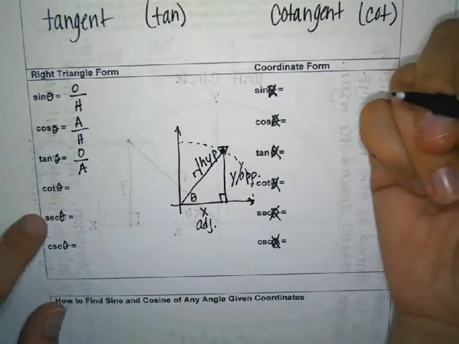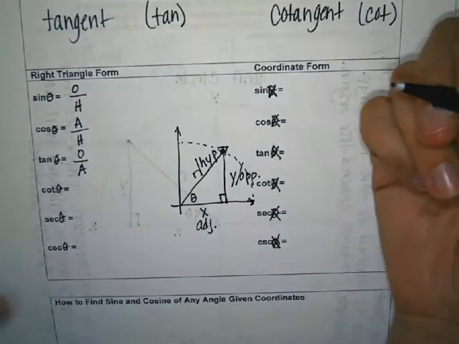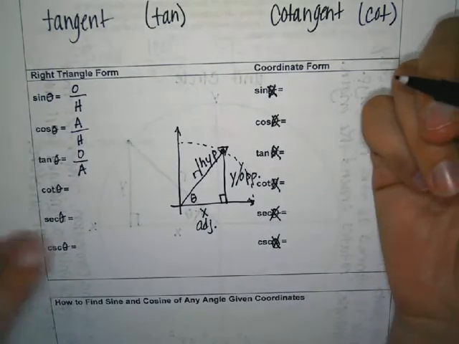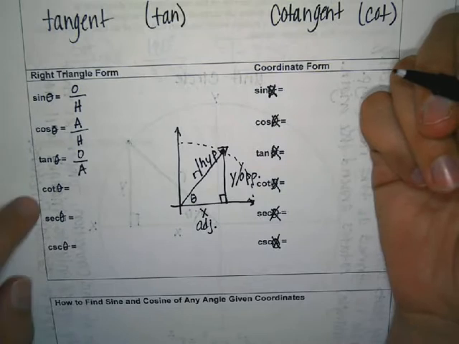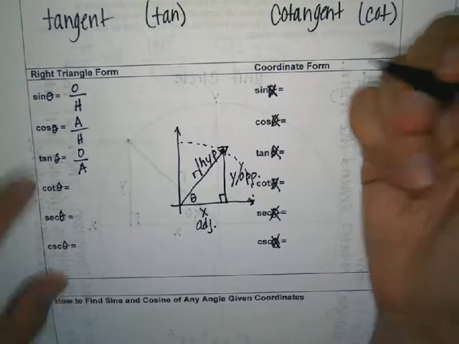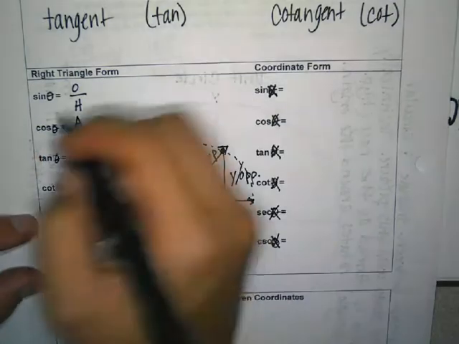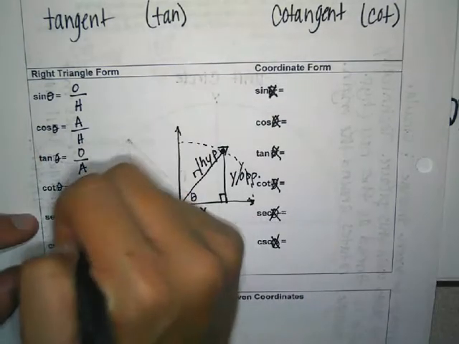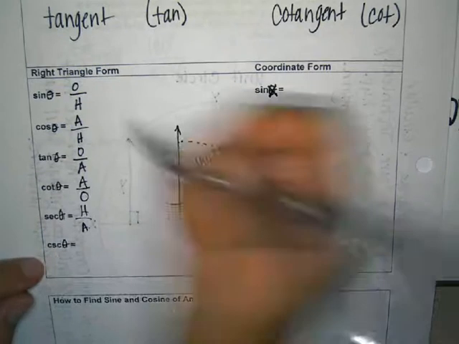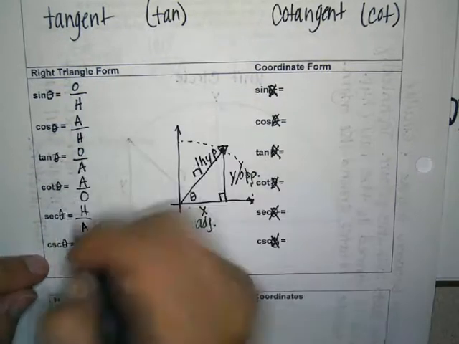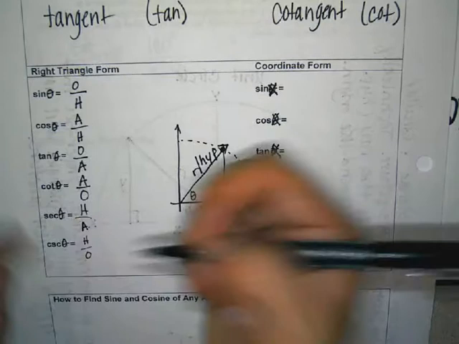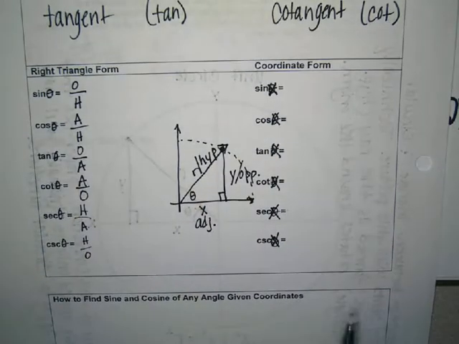Cotangent, secant, and cosecant are the reciprocals. So not completely opposites because you don't make them negative, but you do have to flip the fraction. So cotangent is adjacent over opposite. Secant is hypotenuse over adjacent, and cosecant is the reciprocal of sine. So it's hypotenuse over opposite.